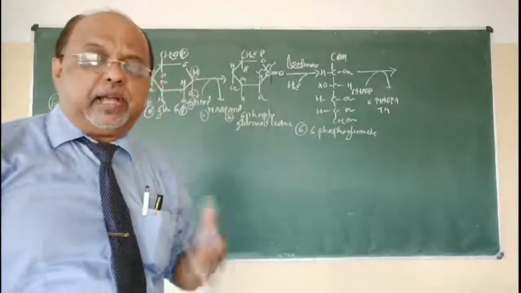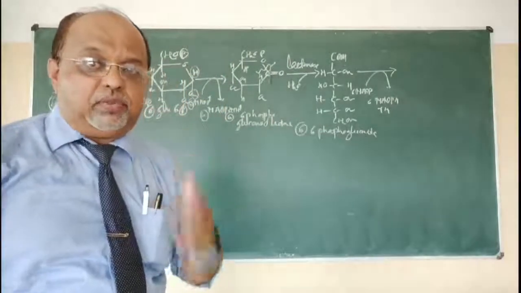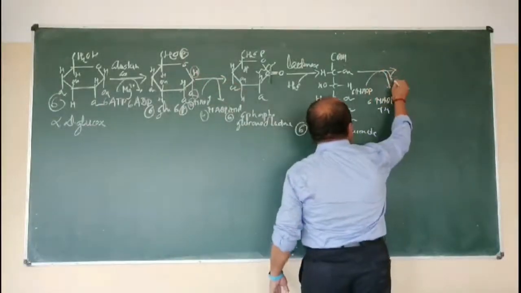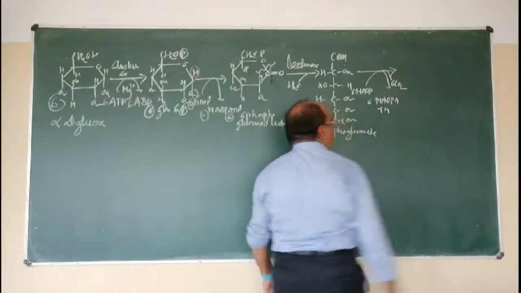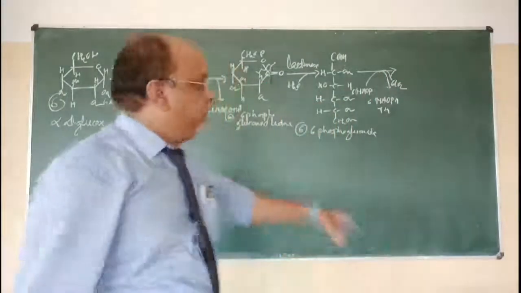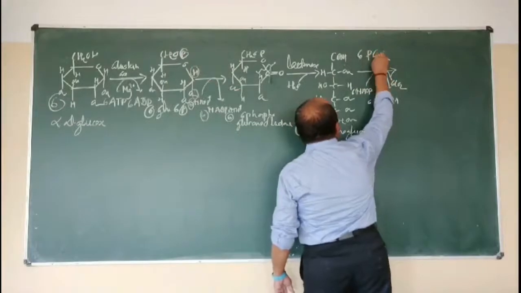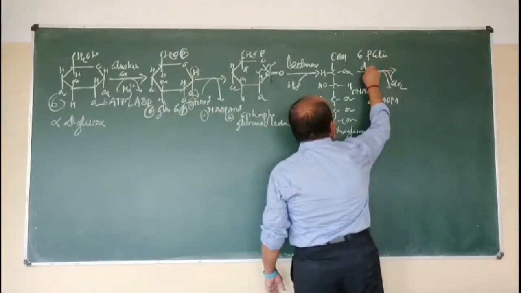Simultaneously, this is accompanied by the loss of carbon dioxide, so there is a loss of 6 CO2. The name of the enzyme is 6-phosphogluconate dehydrogenase.